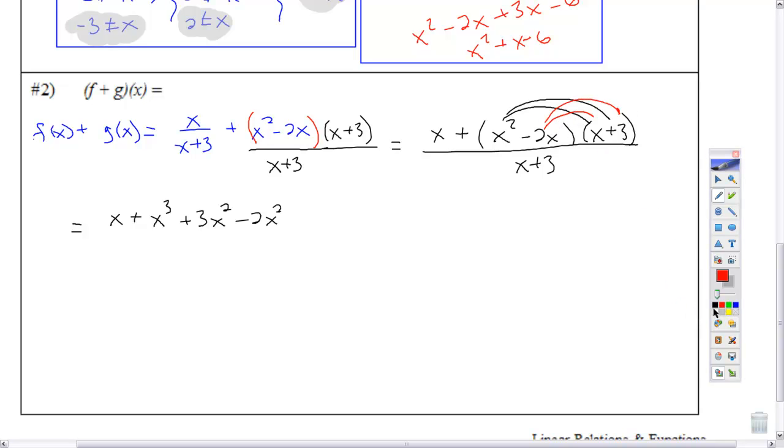Minus 2x times 3 is minus 6x. My denominator hasn't changed. It's x plus 3. I have a like term here and a like term here, so I can put those together.